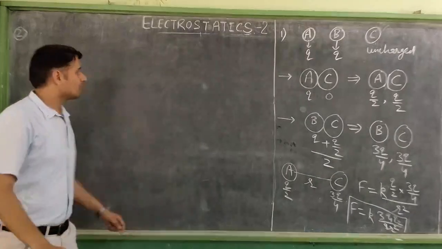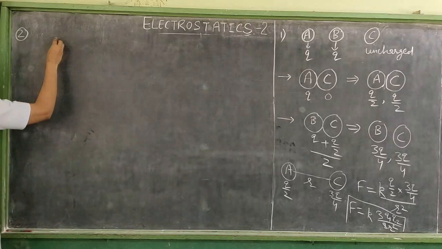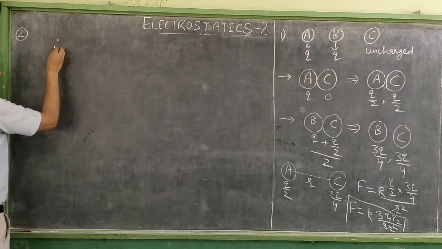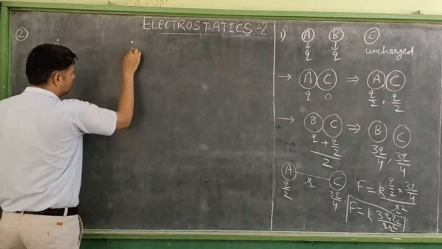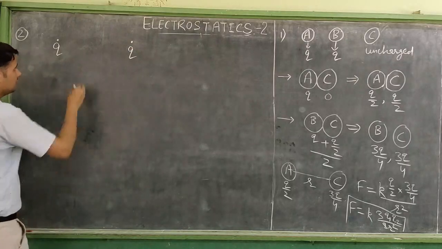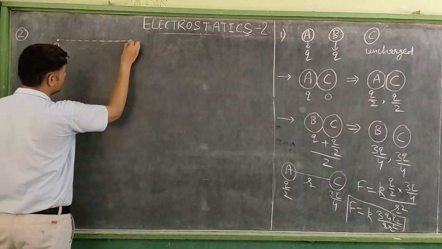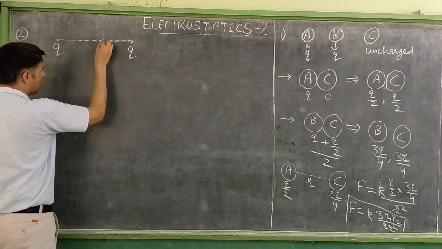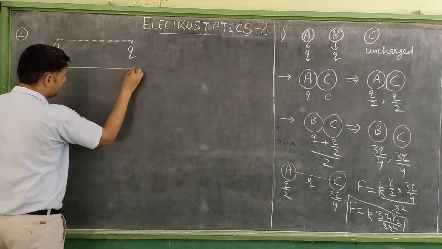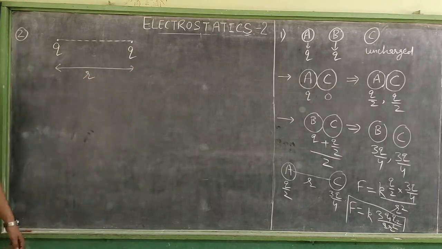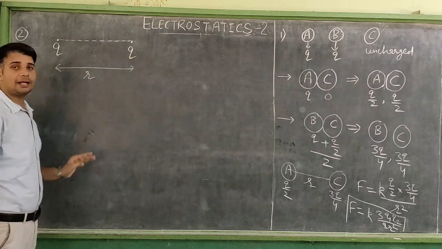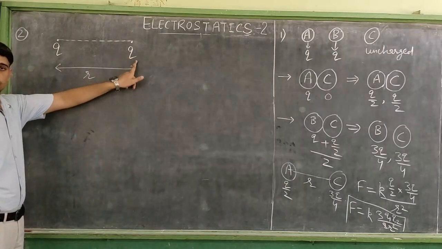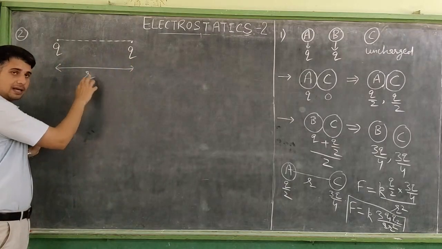So what is given to us is the first charge, let me call it Q, and the second charge, also identical, separated by a certain distance, let me call it small r. This is a system of two identical positive charges Q and Q separated by distance r.